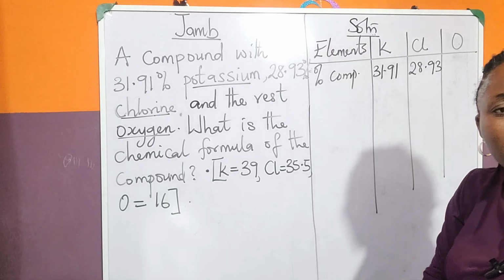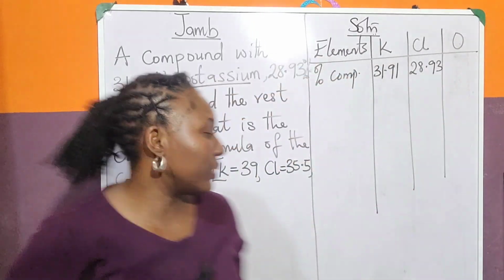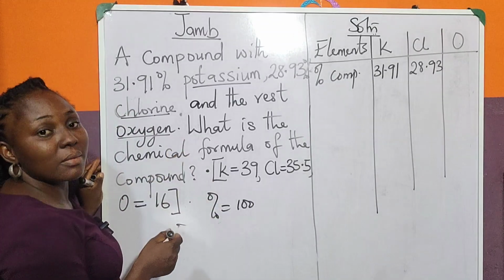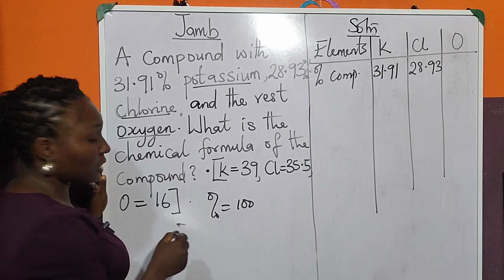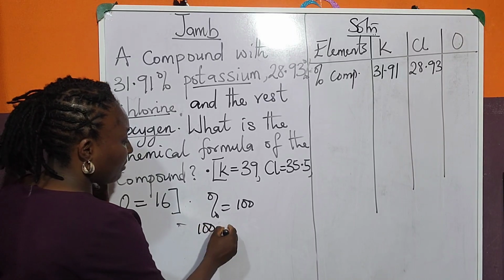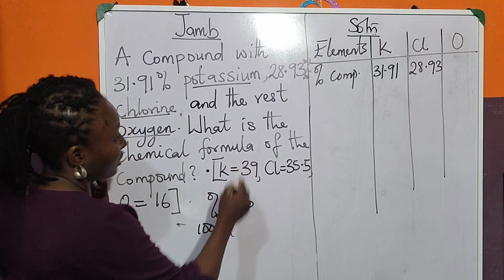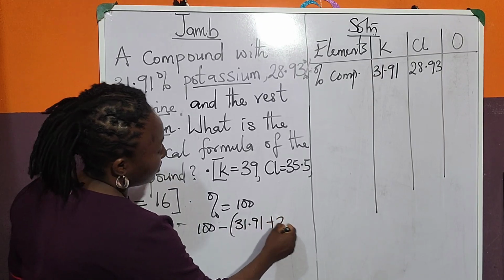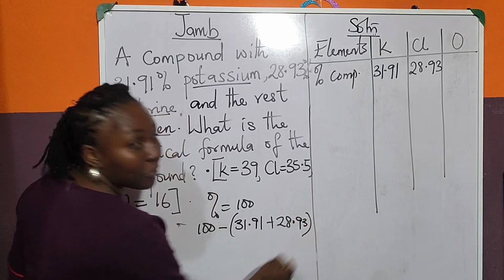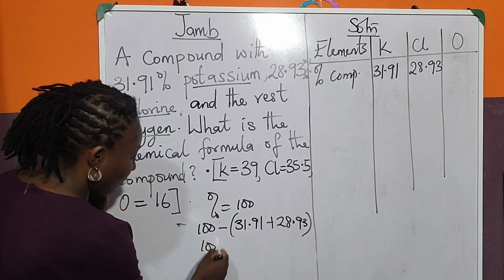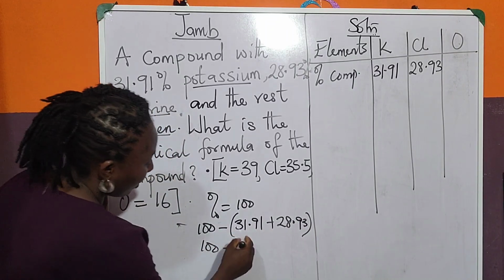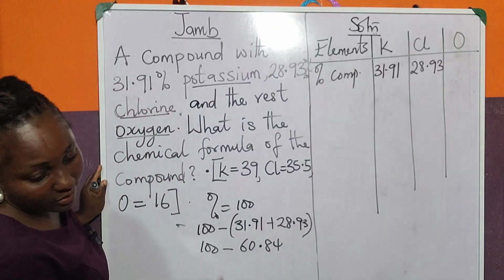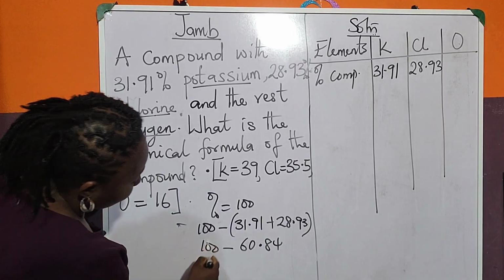So how do I get the percentage composition of oxygen? Percentage simply means 100. So to get the percentage composition of oxygen, I'll have 100 minus the sum of the rest, which is 31.91 plus 28.93. If I add these two, I'll have 60.84.